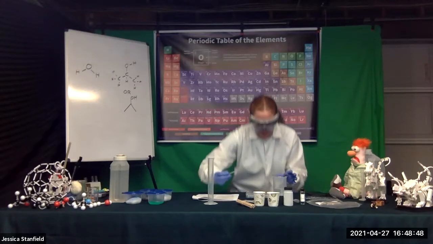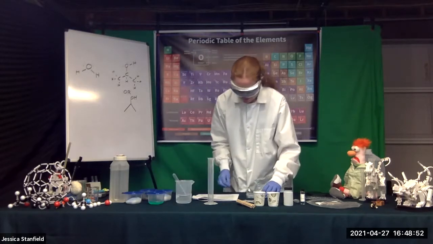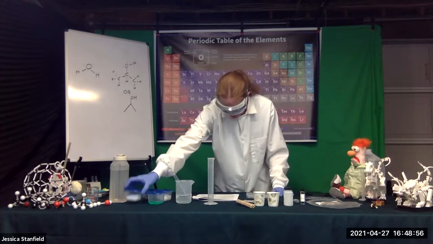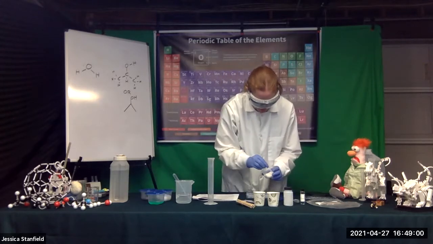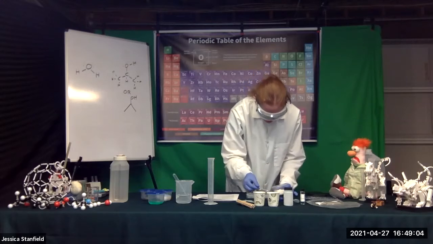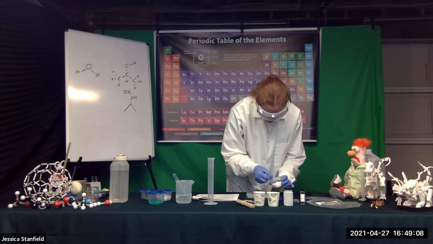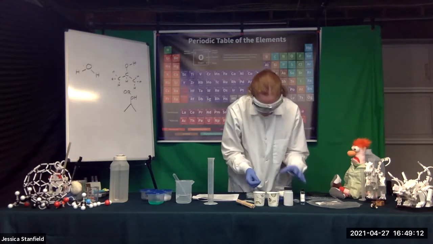Okay. All right, so I have my water. Okay, now what we want to do is we want to take our sugar, our sucrose, and we use our little scoops here, and we're going to do 1 level scoop in A1 and B1.